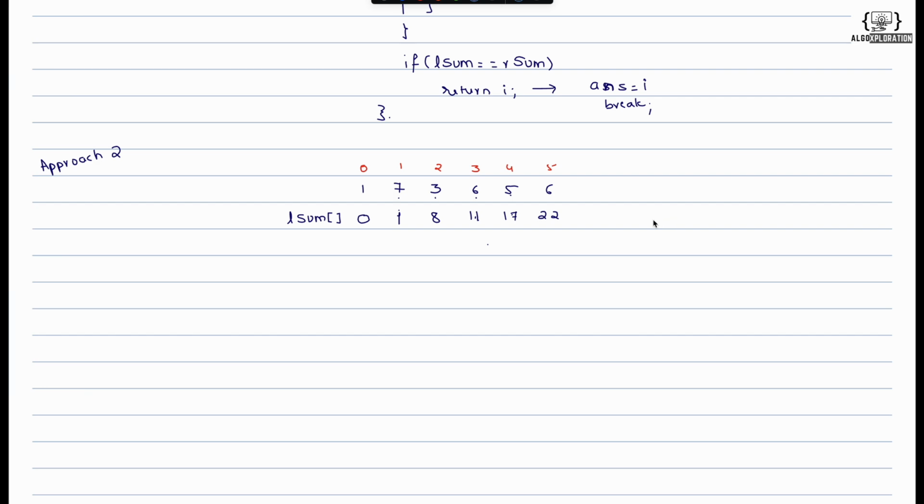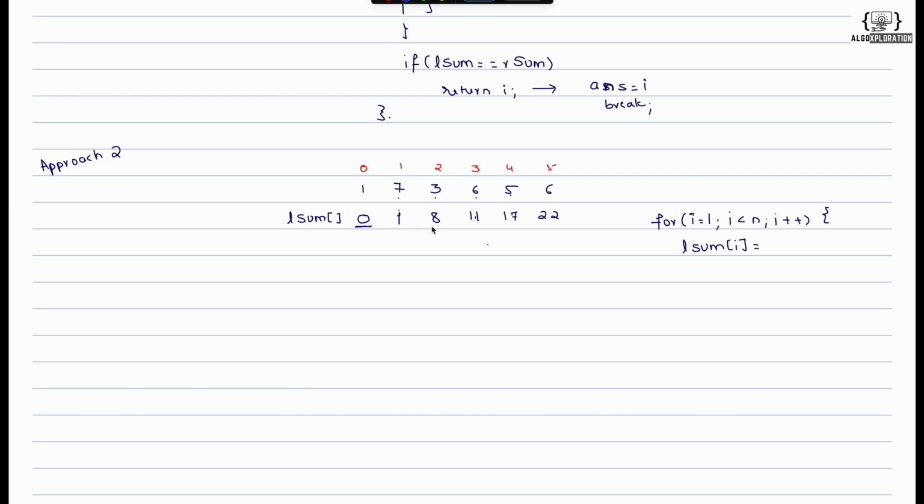So the for loop will look like this. For i running from 1. Why 1? Because we know that for index 0, the left sum is always going to be 0. It will be going till n, i plus plus, right? Now my left sum of i will be nothing but left sum of i minus 1 plus a of i minus 1, right?